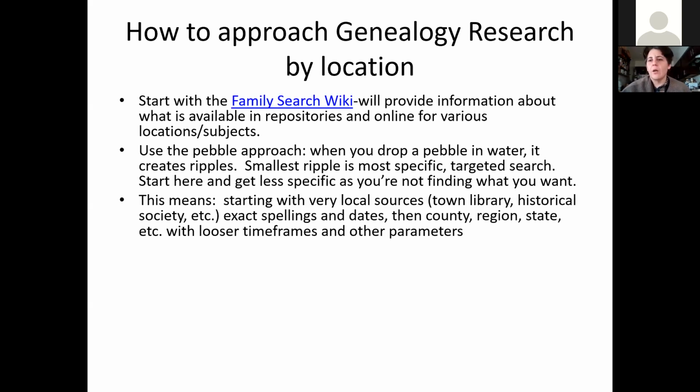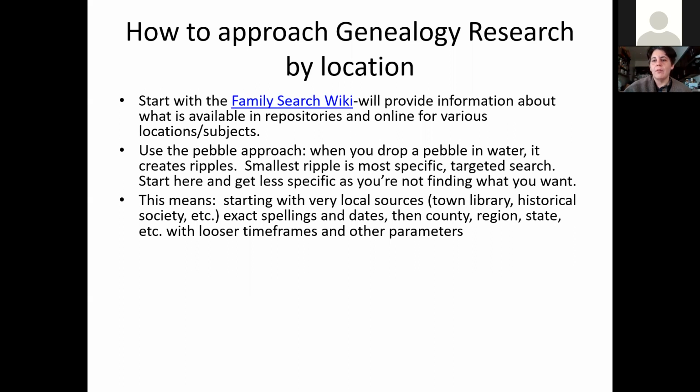So what I might do if I were applying the Pebble search methodology in the real world, I might start with a very local resource like a town library or a historical society or something like that, and then move on to broader places.